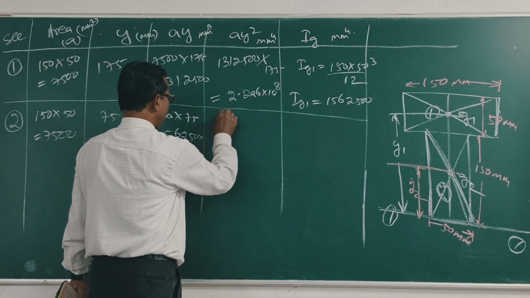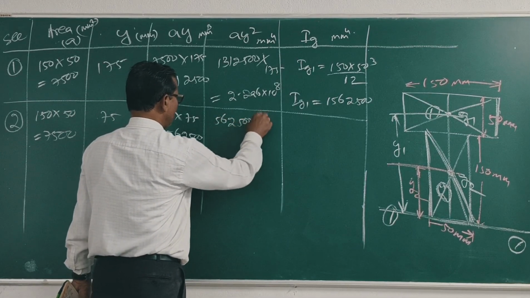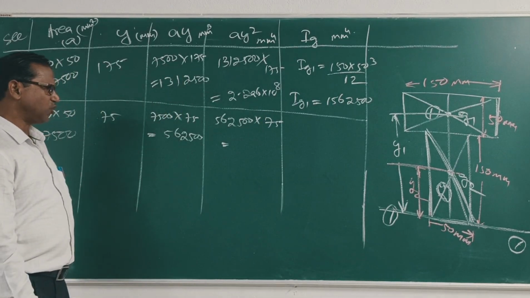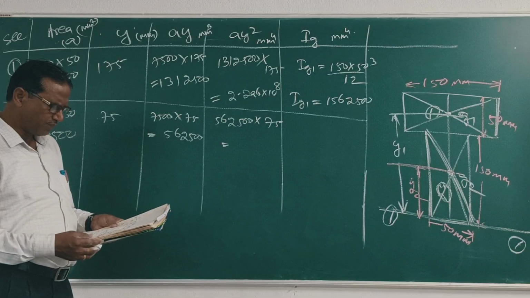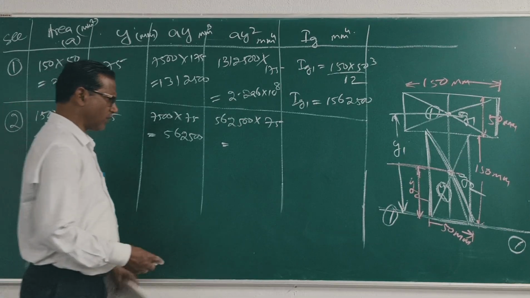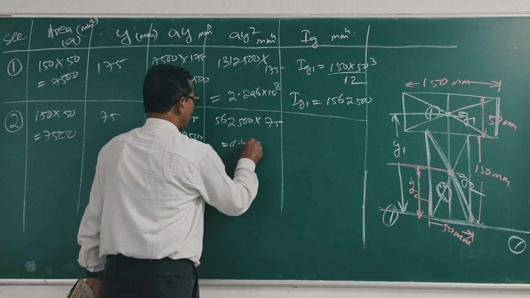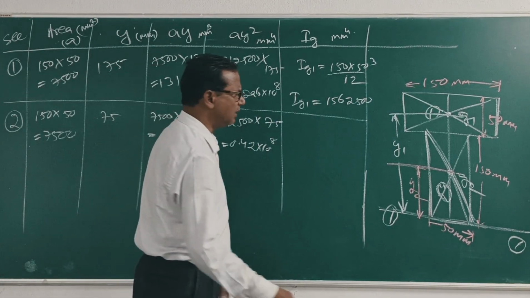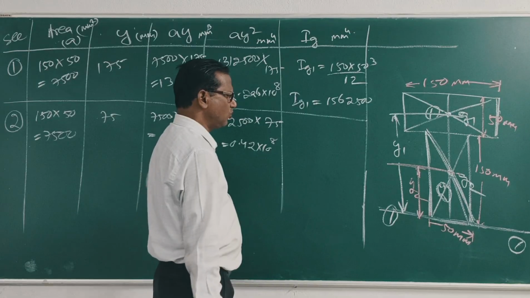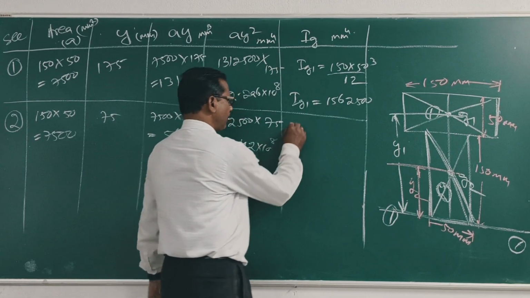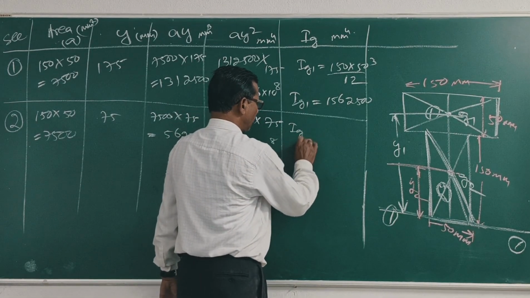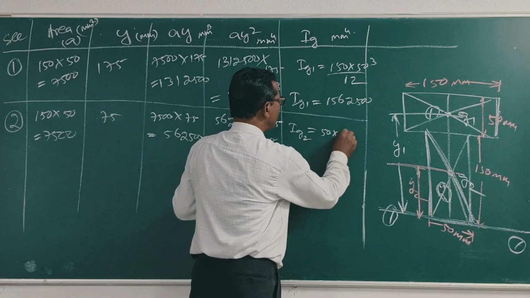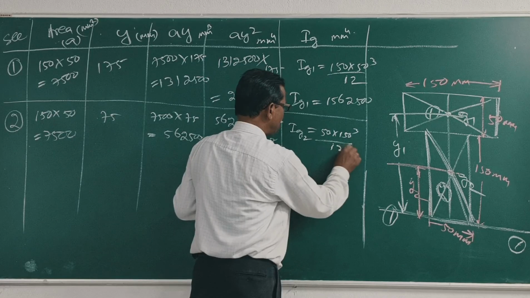What is Ay square? 562500 into 75. Clear? This is equal to 0.4219 into 10^8 mm^4. Next, IG2. IG2 is b d cube by 12, that is 50 into 150 cube by 12.